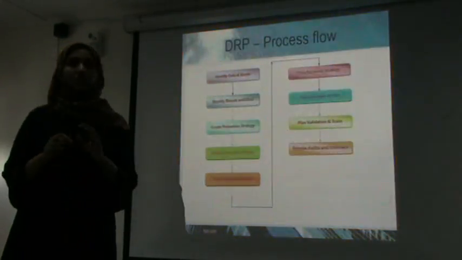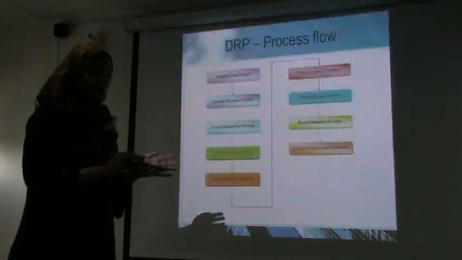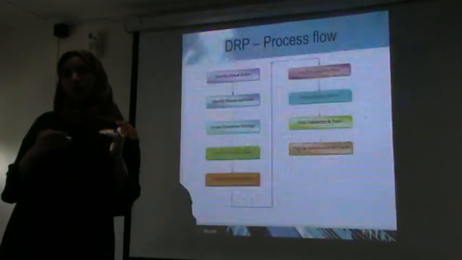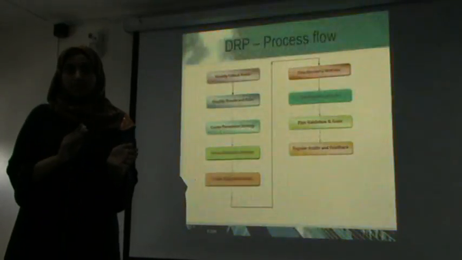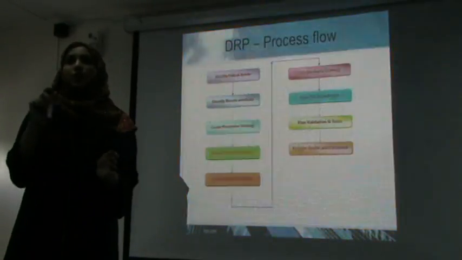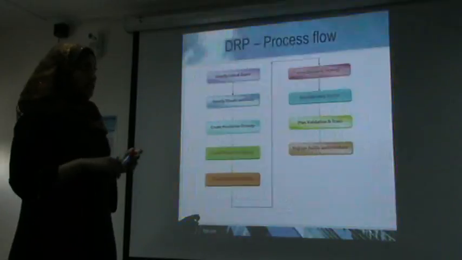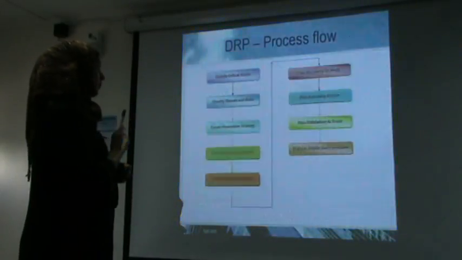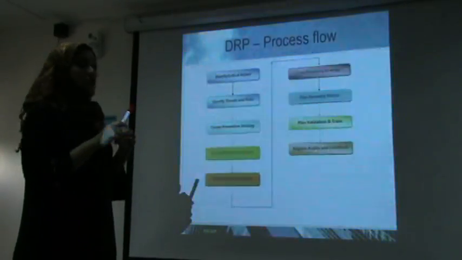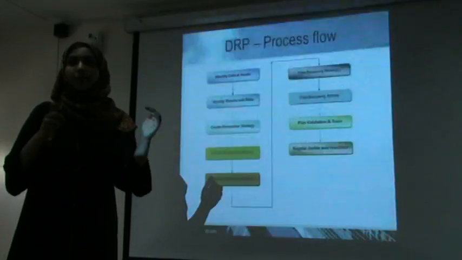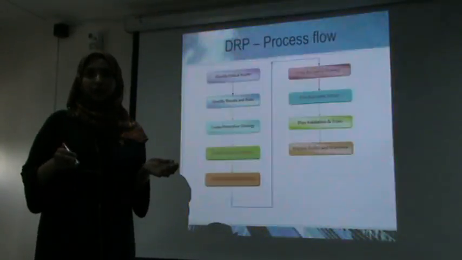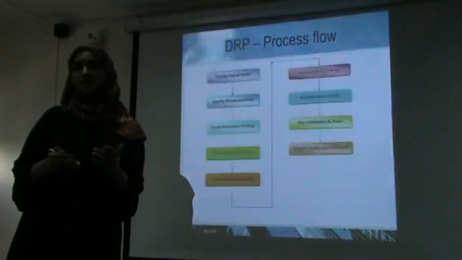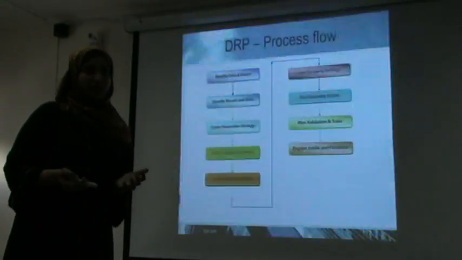Once we know our critical assets and our threats, first we need to devise what can be done to prevent any sort of disaster, because prevention is always better than cure. In this step, the key personnel, the higher managers and authorities of the company sit together and create the prevention strategy.